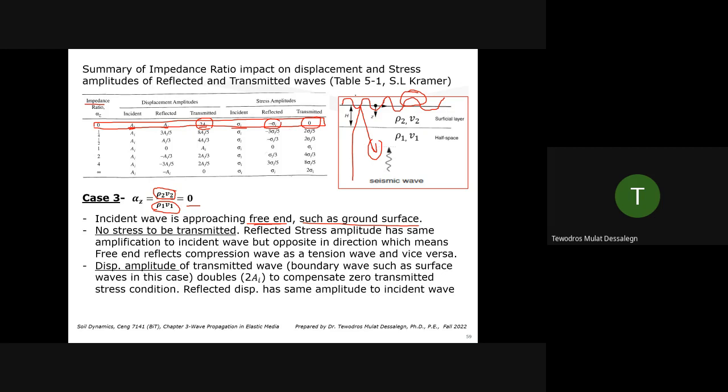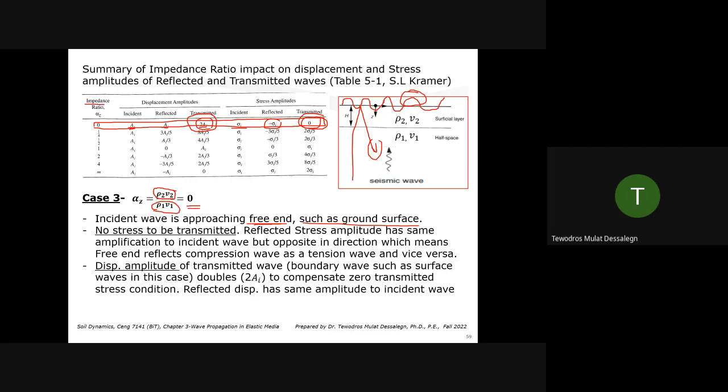In the case of stress, because it's a free end, there is no stress to accumulate here. That is being released as large displacement. So to compensate this zero stress at the ground surface, the amplitude of the displacement becomes twice. That's what it means when you have an impedance ratio of 0. That's the implication.